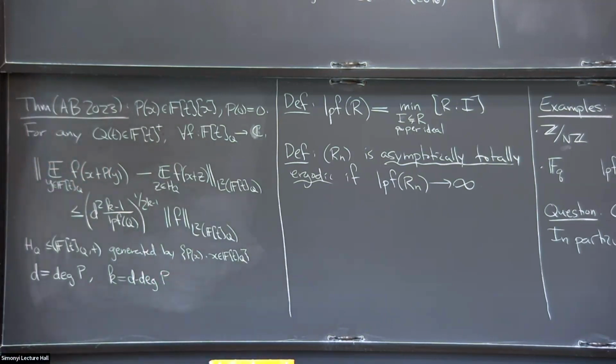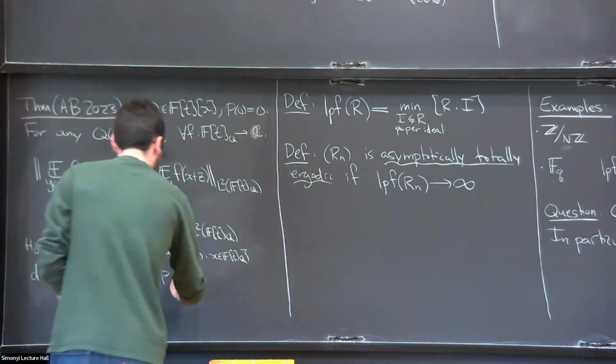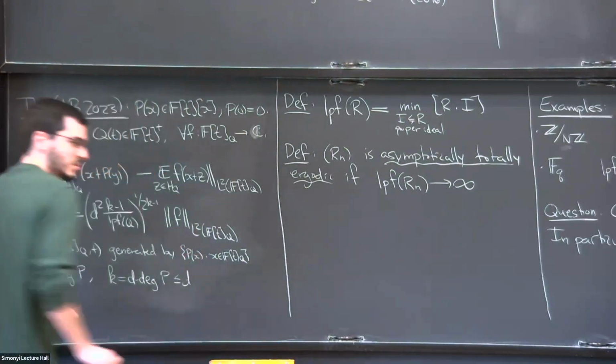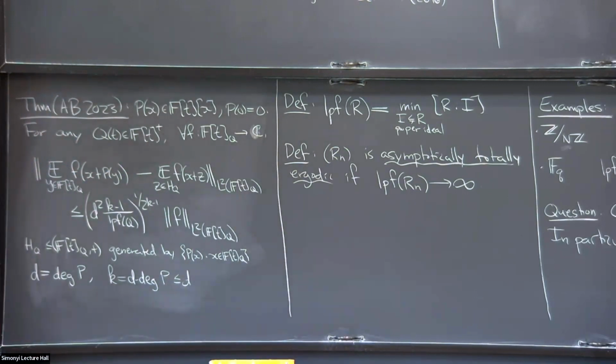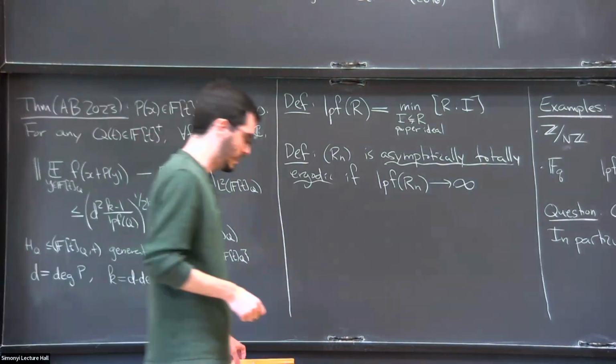The derivational degree of the polynomial, and I'll say what that is in a second. But it's always going to be bounded by the degree also. So if you want to just replace k's by d's, that's still a valid statement.